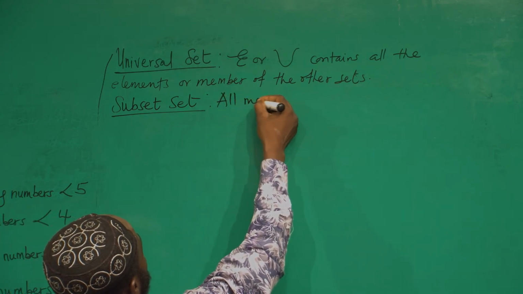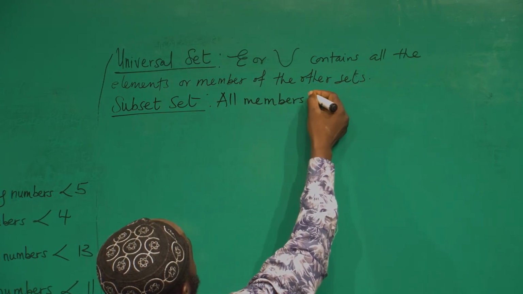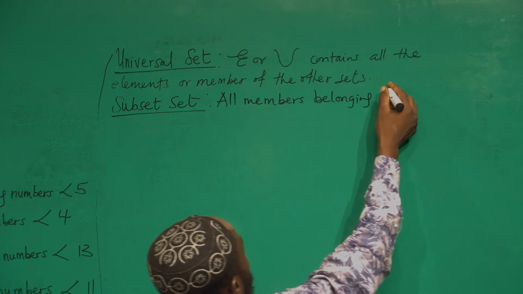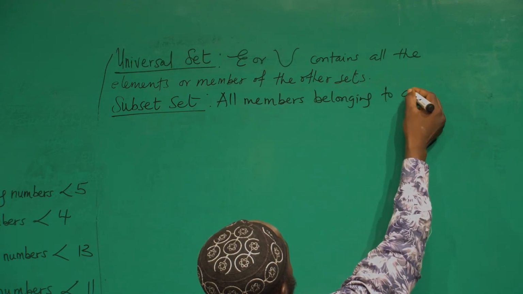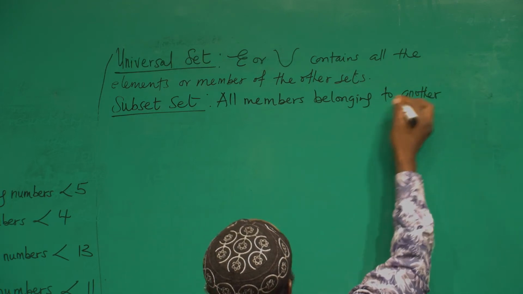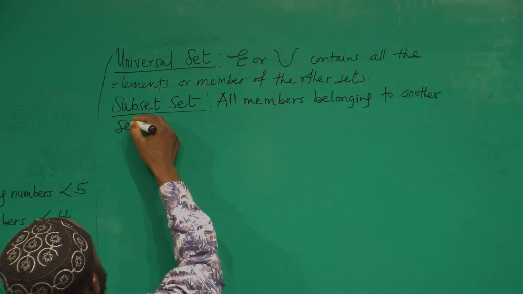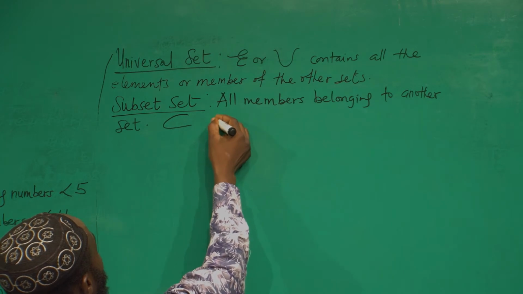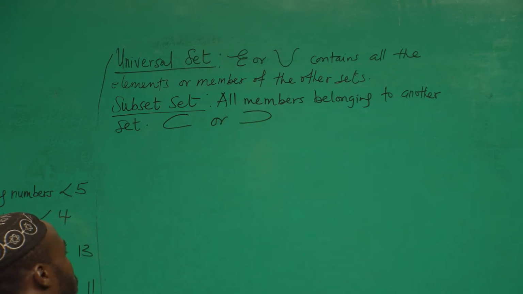All members belonging to another set. It is denoted by this or that.